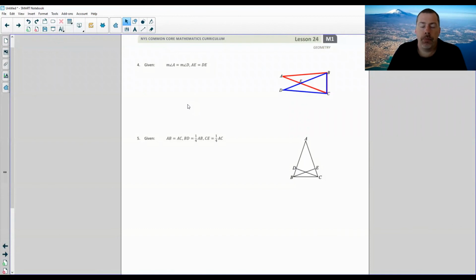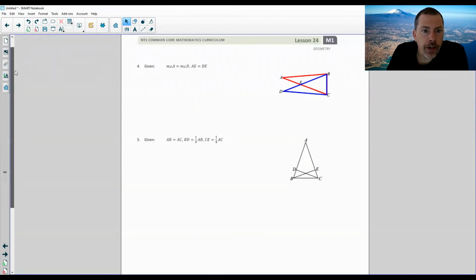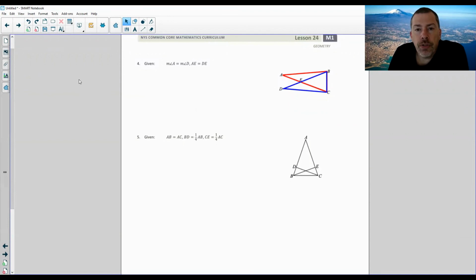Page 5 brings us to problems number 4 and 5. Again, there's our exercises. So pause the video, see if you can do them on your own, and if not, or even if so, come back and check your answer. So here we go. What I've done here is I've taken these triangles and I've copied them into different colors, so that way I can move them like so.